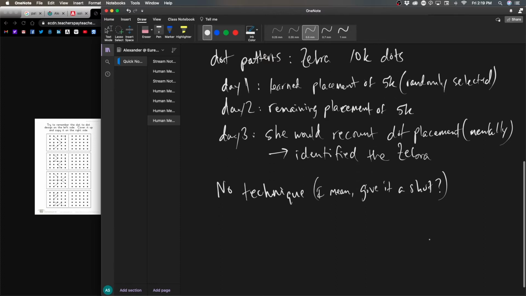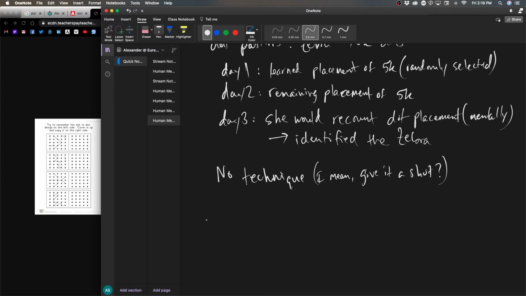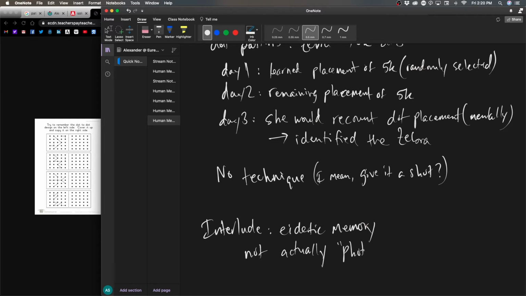So, just a brief interlude. What's the deal with eidetic memory then? So, eidetic memory is not actually photographs. Okay. So it's not actually like what it was. But it's close to it.